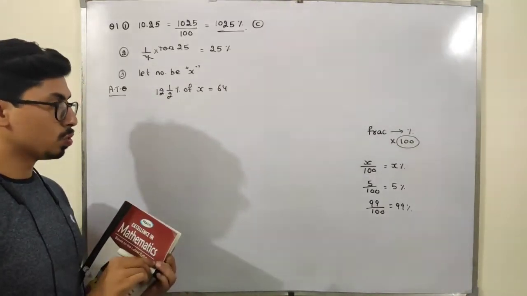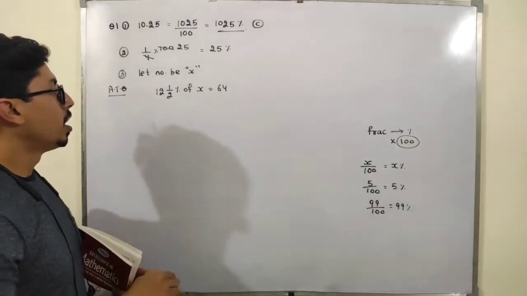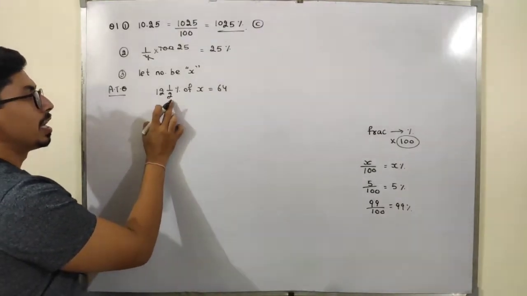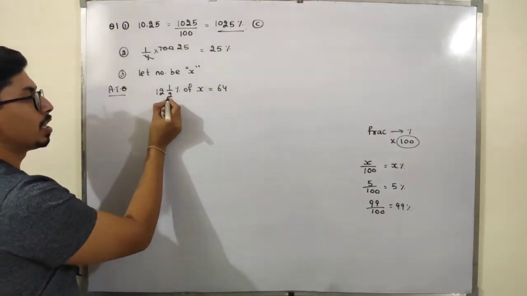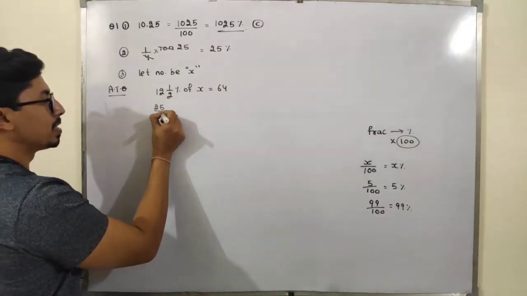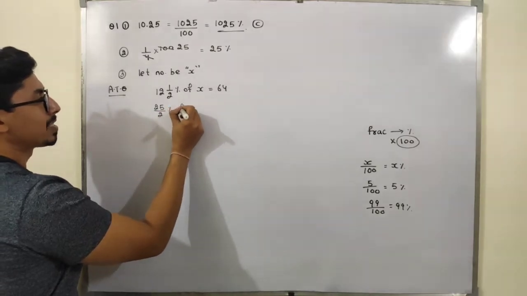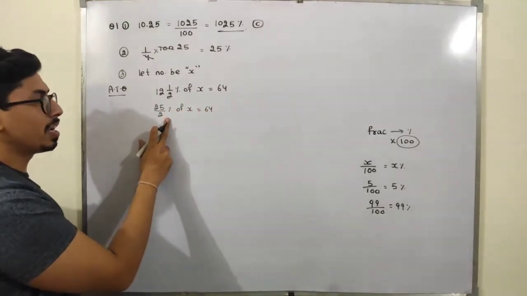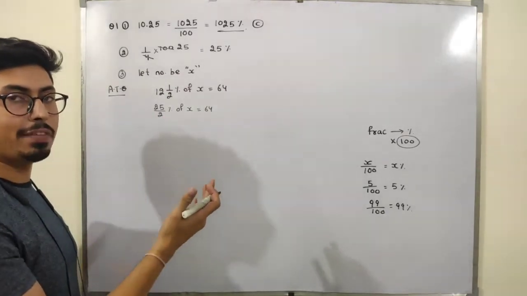So see, students, how can we find out? 12 and 1 by 2, this is the percentage value. If I solve this, 12 into 2 is 24 plus 1 is 25, so 25 by 2% of x is 64. If I have to remove the percentage, I have to divide it by 100.